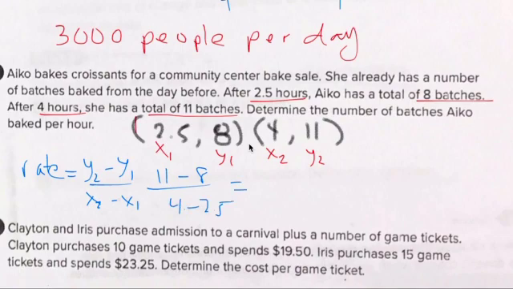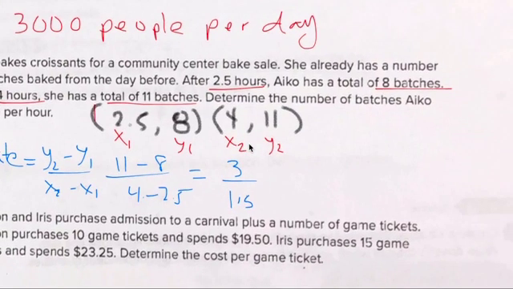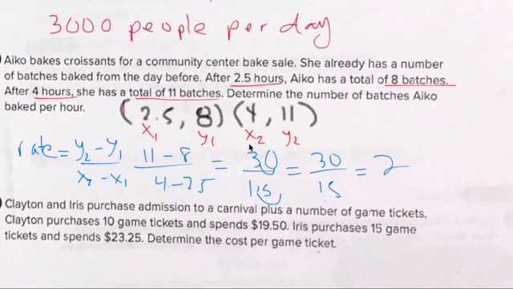So we got 3 over 1.5, right? Multiply by 10, that's 30 over 15, right? Which is the same thing as 2. Okay, 2 batches of croissants for every 1 hour, per hour.